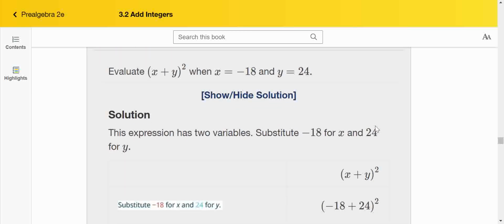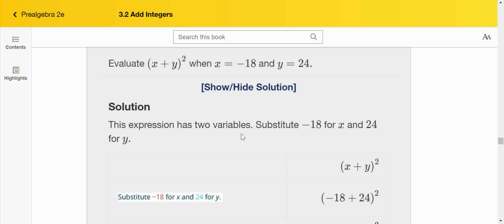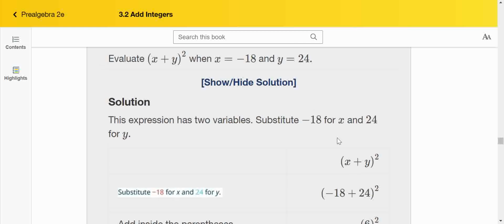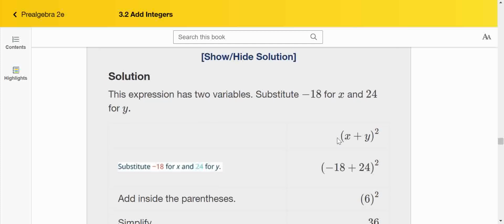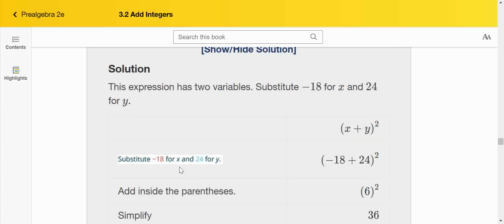Solution. This expression has two variables. Substitute minus 18 for x and 24 for y. Substituting, we get minus 18 plus 24 squared.